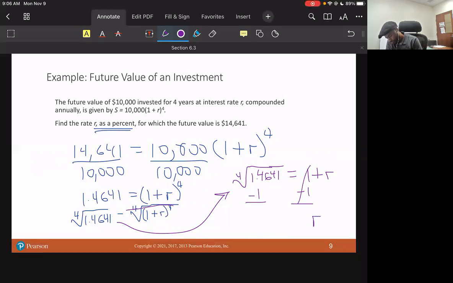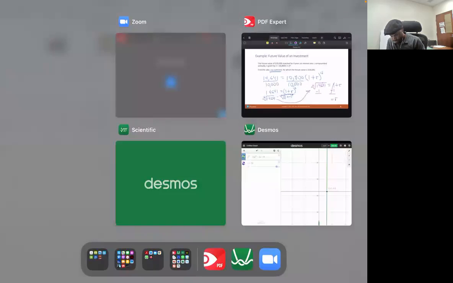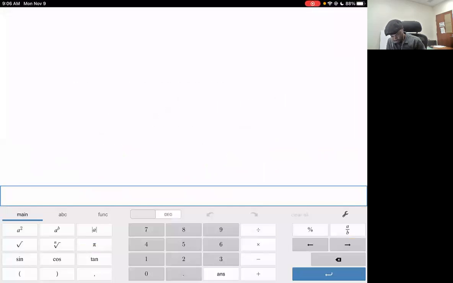Okay, so now I'm going to pull up my calculator. I'm going to go nth root, 4 of 1.4641. Let me verify.